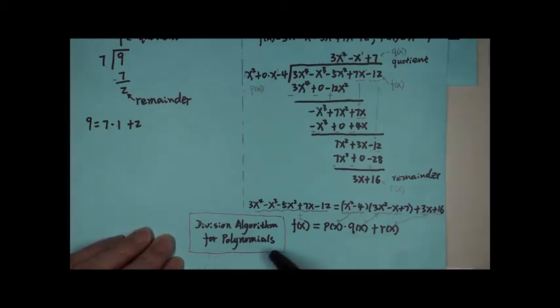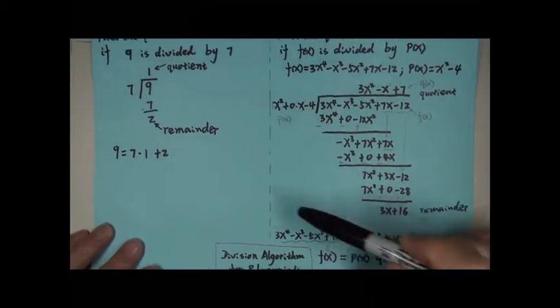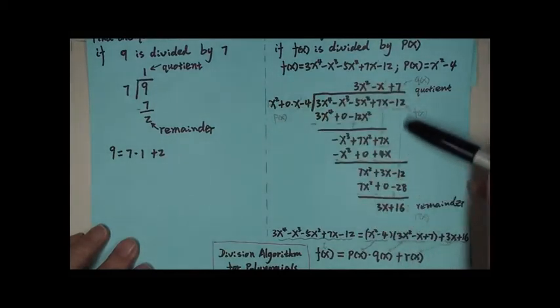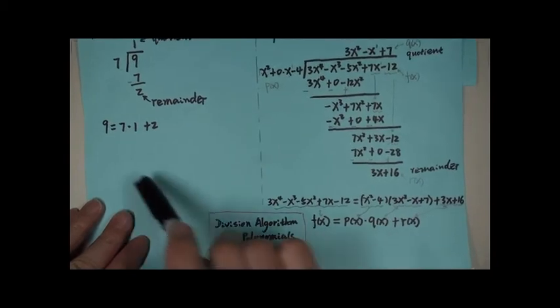This kind of algorithm is called the division algorithm for polynomials. It's like the things we did for numbers; the only difference is that here we have a polynomial.